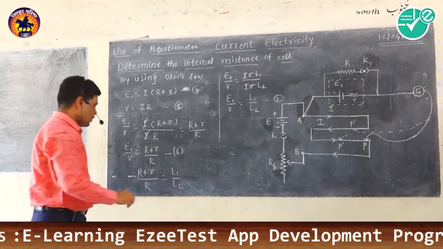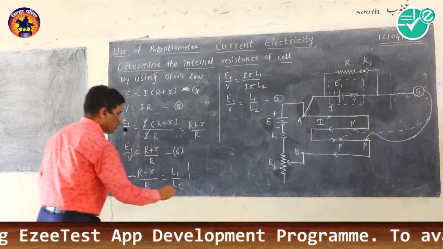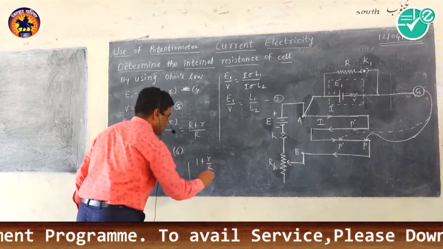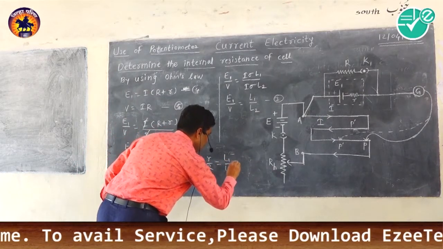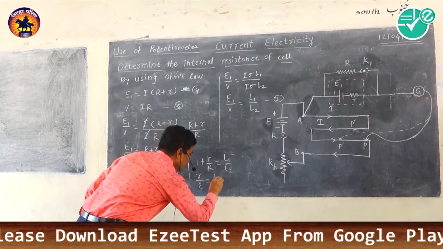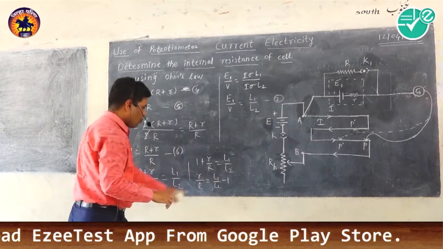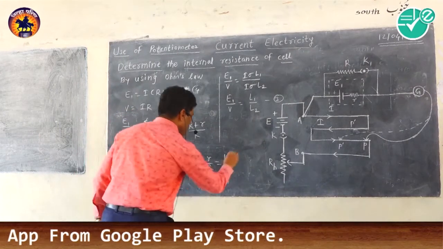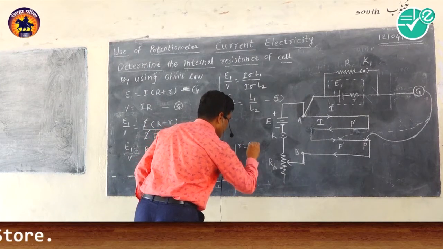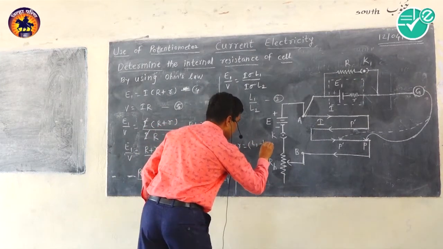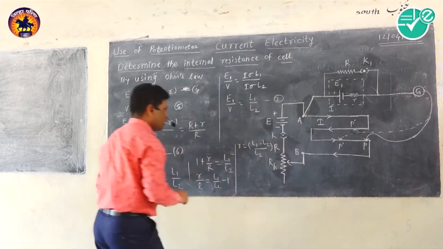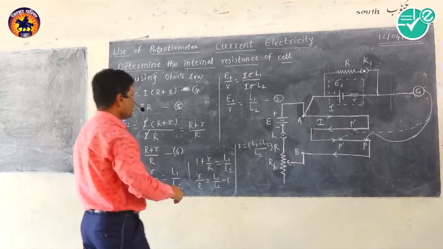Just here we will do some modification: 1 plus small r by capital R is equal to L1 upon L2, so small r divided by capital R is L1 upon L2 minus 1, and therefore small r is equal to in bracket L1 minus L2 divided by L2 into capital R. So that is the required equation.